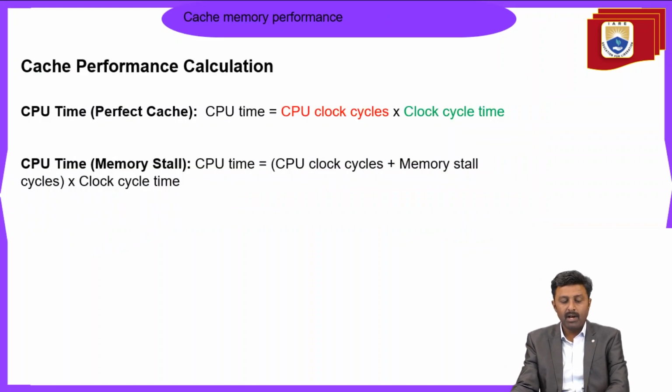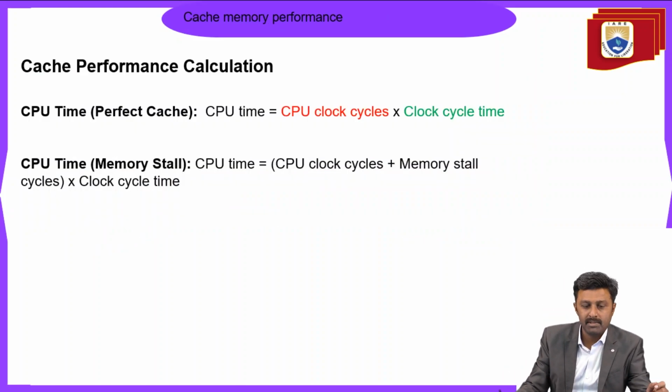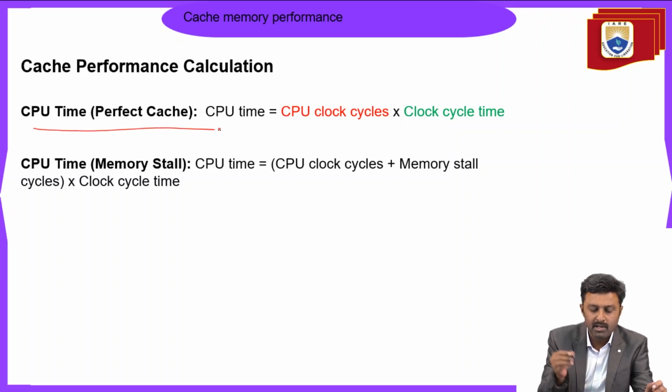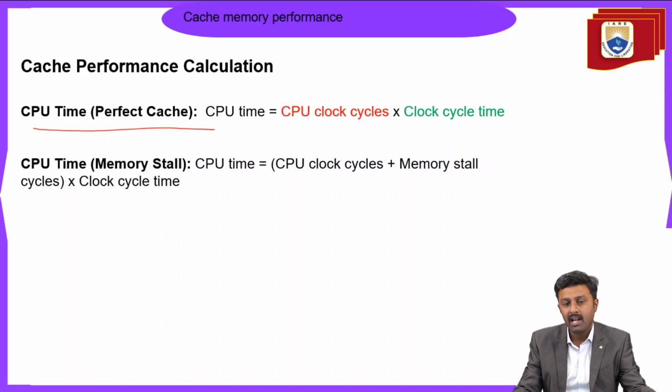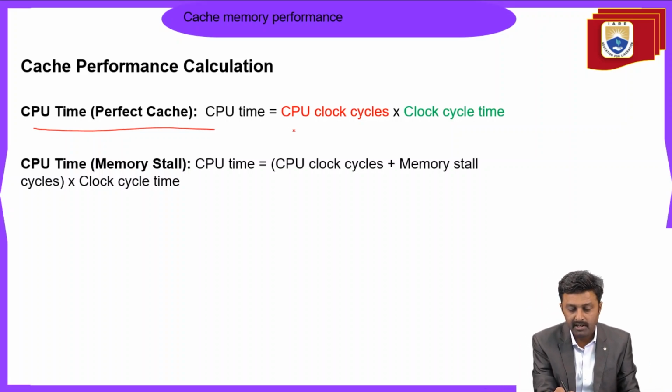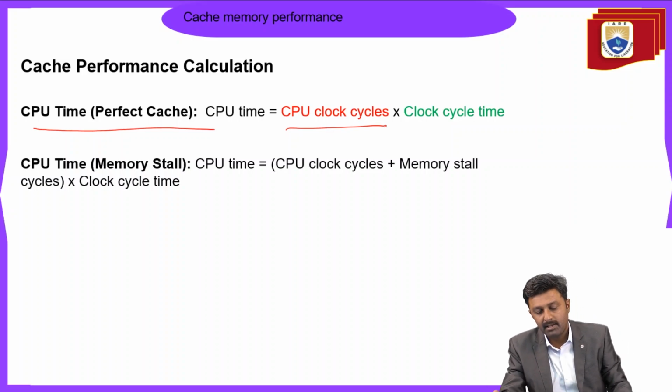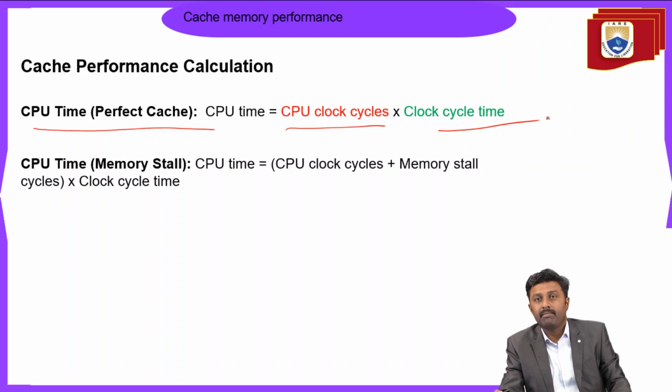Then we will see the cache performance calculation. First we'll see how to calculate the CPU time. As we have seen in the previous slide, CPU time is the time required to execute one instruction, which is calculated with the formula CPU clock cycles times the clock cycle time.